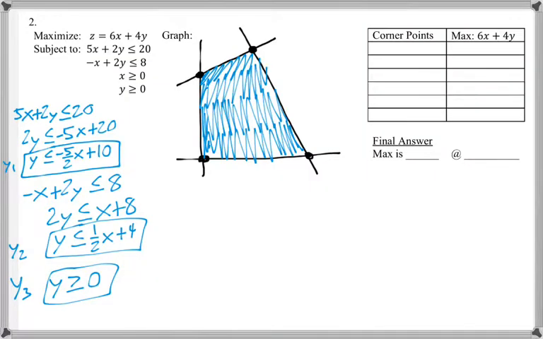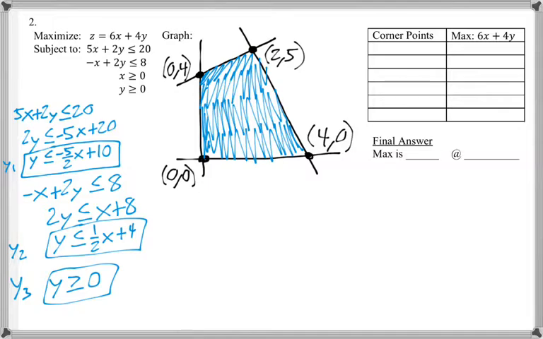Now that we've found all of the corner points on the calculator, I want to label them on our graph. So 0, 4, 2, 5, 4, 0, and 0, 0.